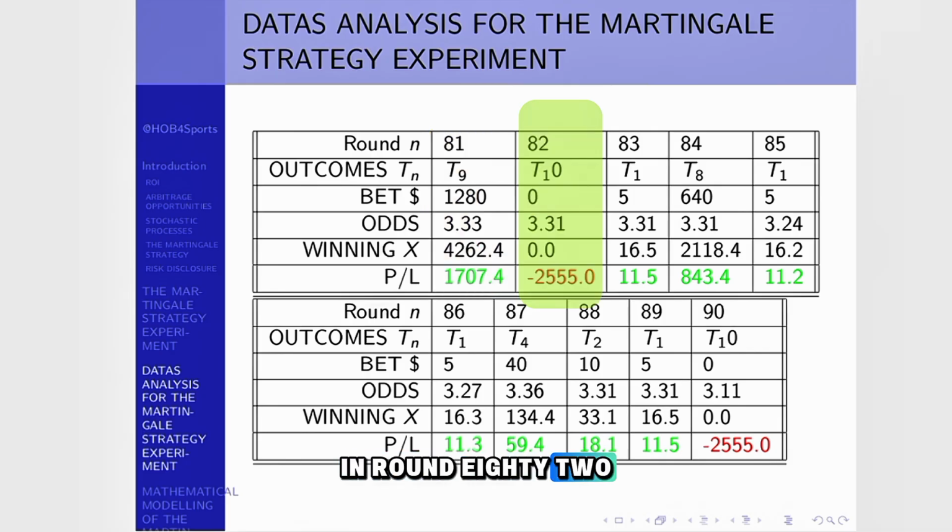In round 82, T10, meaning no success was observed here, and we stop and start over. So as a consequence of that, we always lose a huge amount of money. In this case, we lost 2,555. It has become a norm now, and I hope you understand.